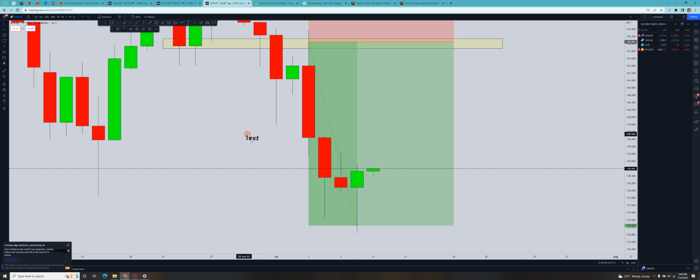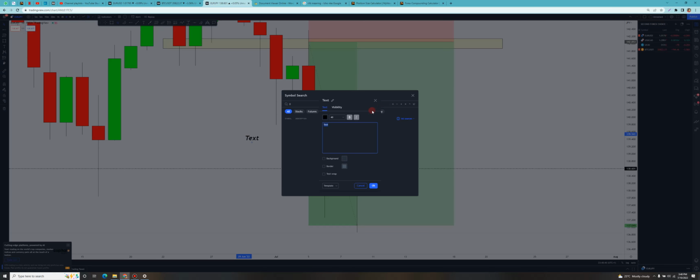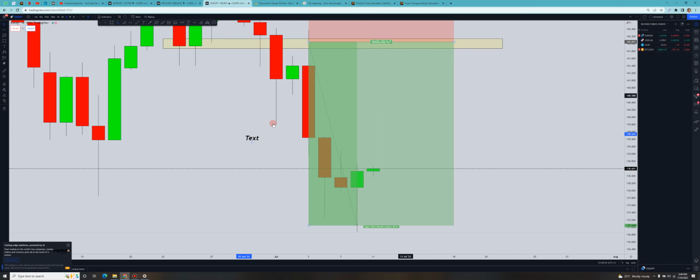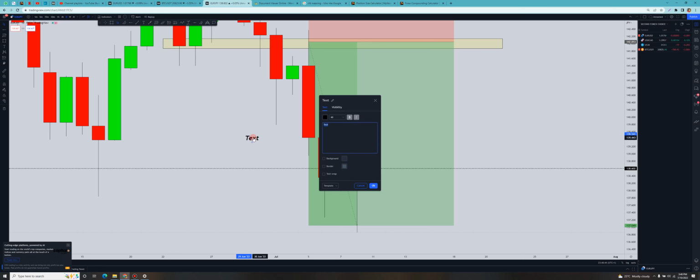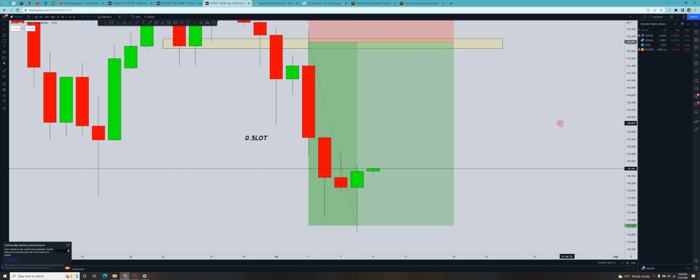That was your lot size. 0.5 lot size was used, and the market moved by 500 pips. From what we have just discussed, how much will you earn? 500 pips drop, and I use 0.5 lot size. That means how much will I earn?